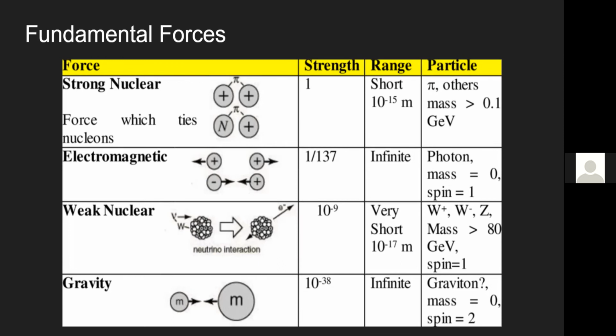We then have the weak nuclear force, which is really very weak and very short-ranged. It is active over the width of a neutron or proton. Its main job is to deal with nuclear decay, things like a neutron decaying into a proton, electron, and a neutrino.